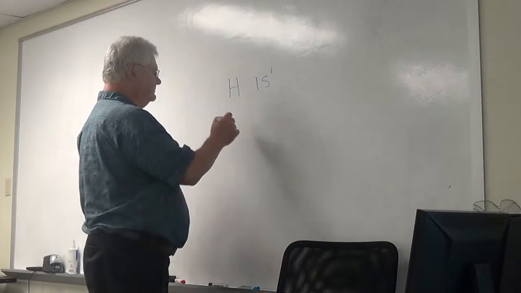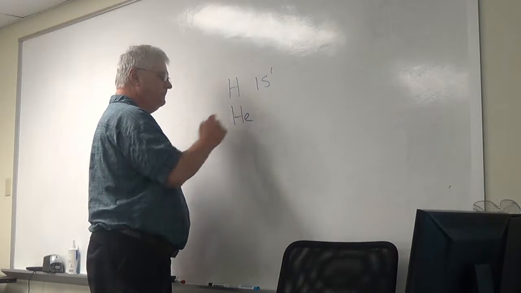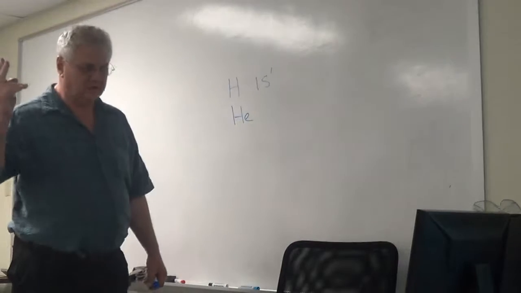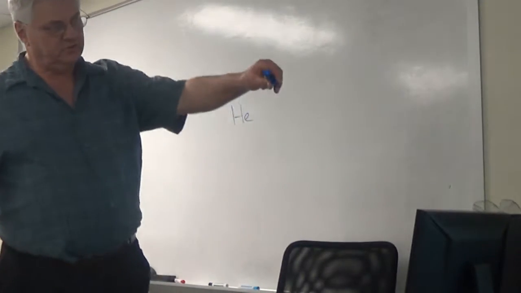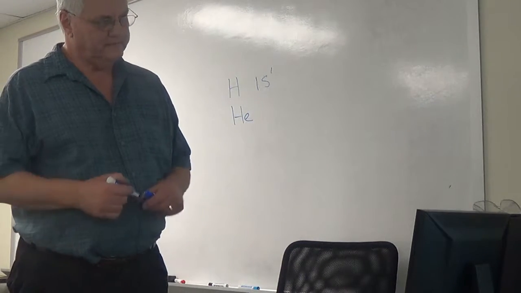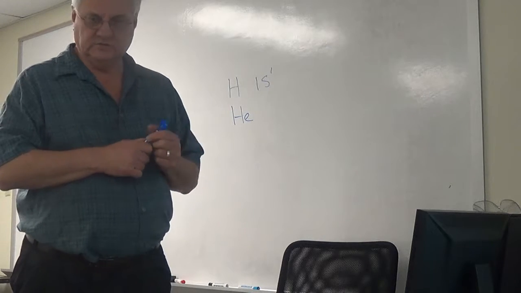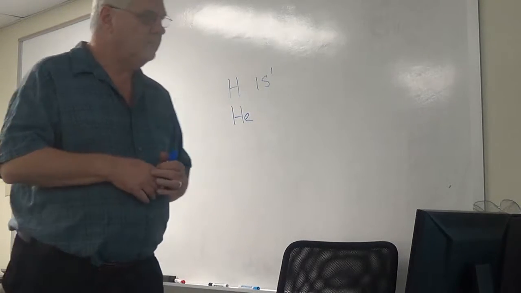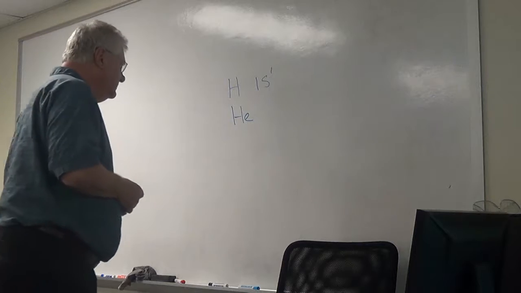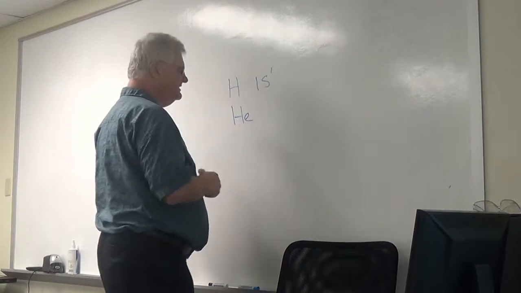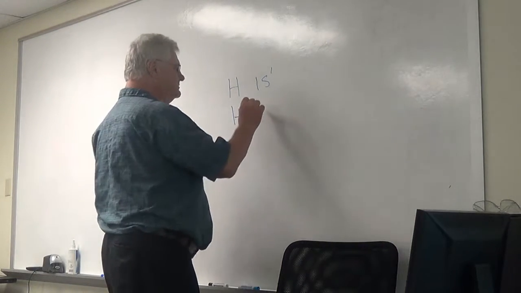The next one is helium. Well, it's got 2 electrons, and we can have up to 2 electrons in an orbital based on the Pauli exclusion principle. But they have to have opposite spin. But in the electron configuration, it doesn't necessarily show that.